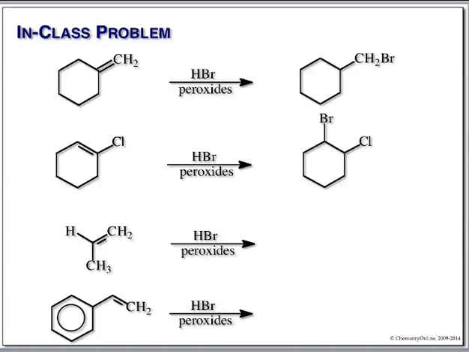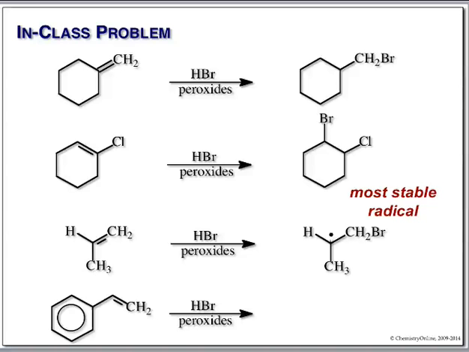Our next one, we could form a primary or a secondary radical. Br dot is going to add here to give a secondary radical.